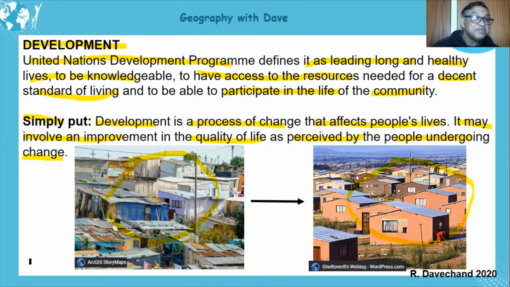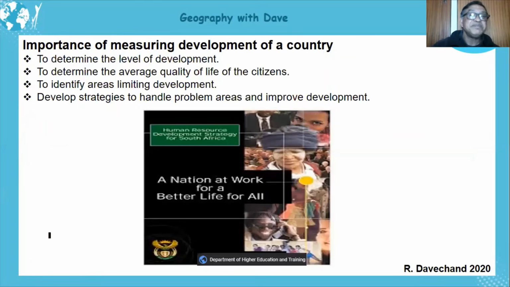Now, the importance of development. I know I've added this on, but it's necessary to know why development is important. Why do we measure development?